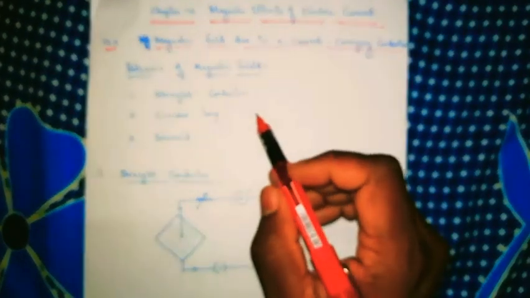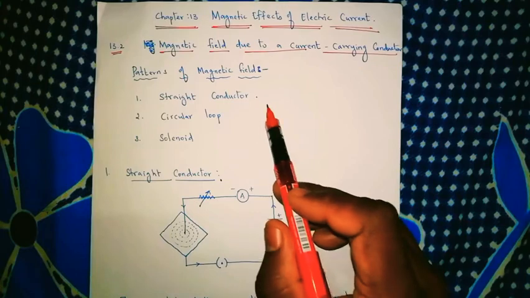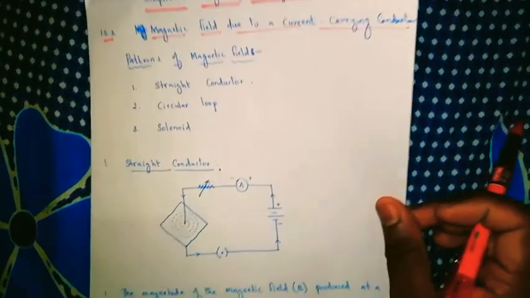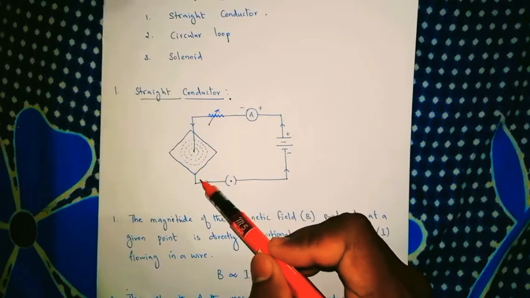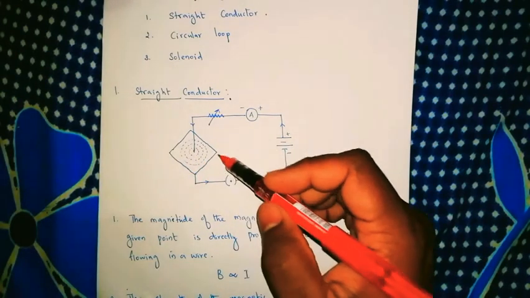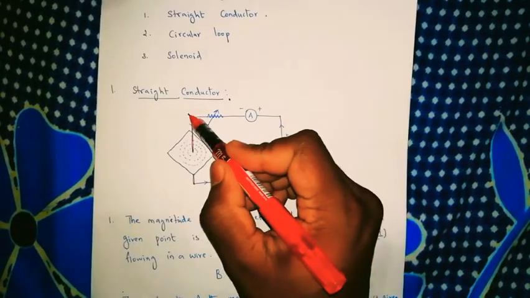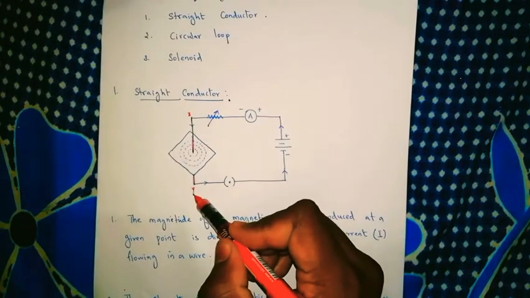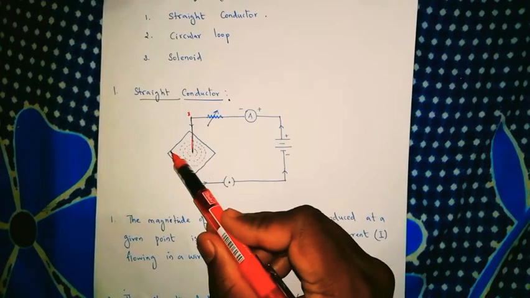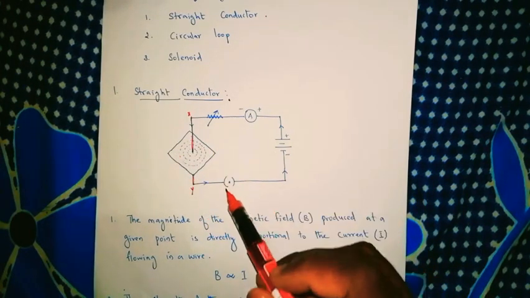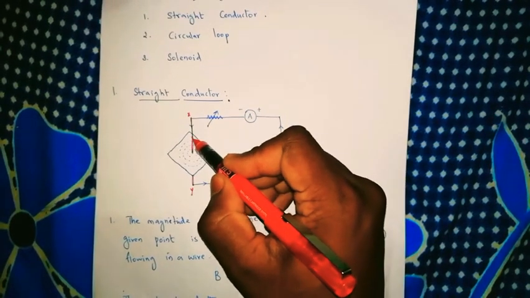First of all, we are going to discuss a straight conductor. Take an example: this is a wire, for example we name the ends X and Y, a copper wire, and we are keeping a cardboard perpendicular to this wire.